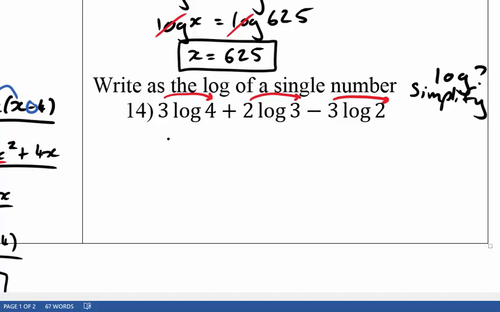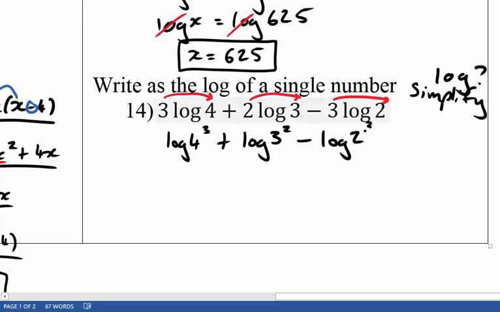So this becomes log 4 to the power of 3 plus log 3 to the power of 2, minus log 2 to the power of 3. The 3 goes up there, the 2 goes up there, and the 3 goes up there.